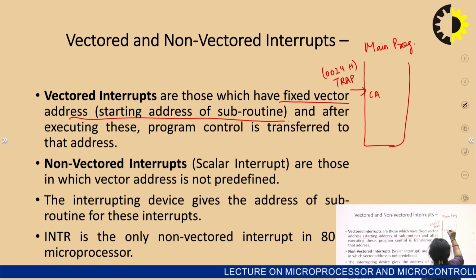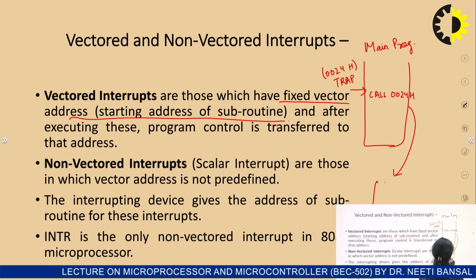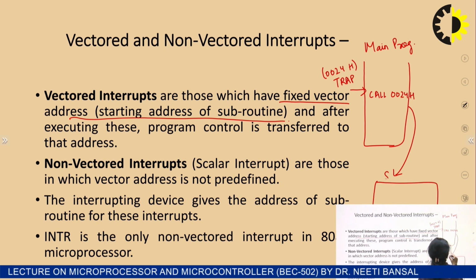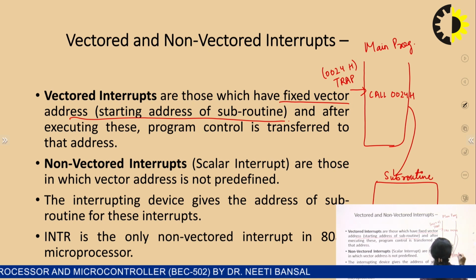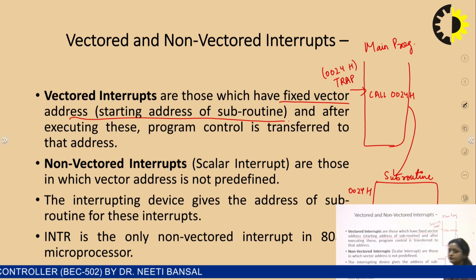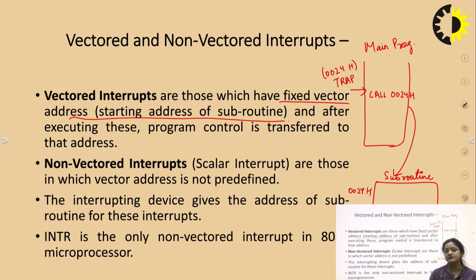So with a CALL, my program control will be transferred to a subroutine starting from address 0024H. So in this case, TRAP is my vectored interrupt. Why is it a vectored interrupt? Because it has a fixed vector address where the program control is shifted once this TRAP is executed.